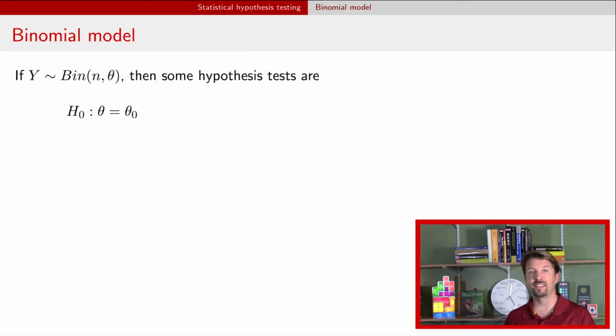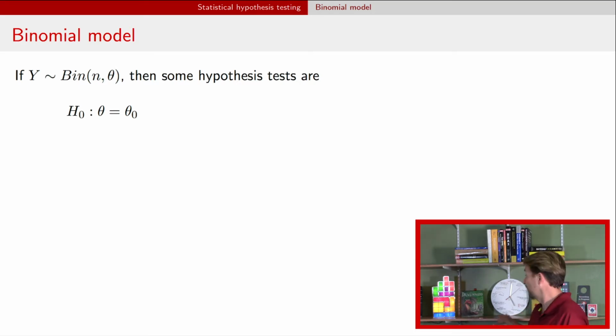For now, we're going to think about a binomial model, and we're going to introduce some of the hypotheses that you might be thinking about for this particular model. So the binomial model, which we've talked about quite a bit before, is the model for coin flipping with some probability theta. That theta is typically the parameter that's unknown, and hypotheses will typically be about that parameter theta. In particular, a common null hypothesis says that theta is equal to some particular value.